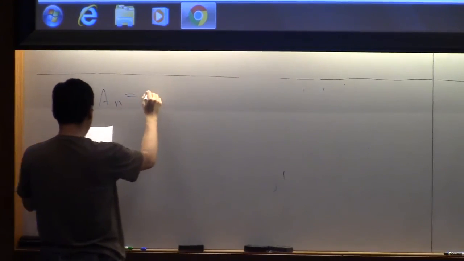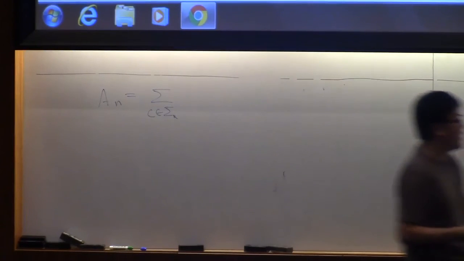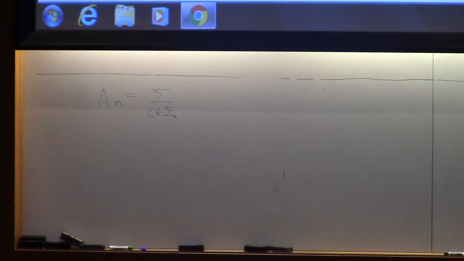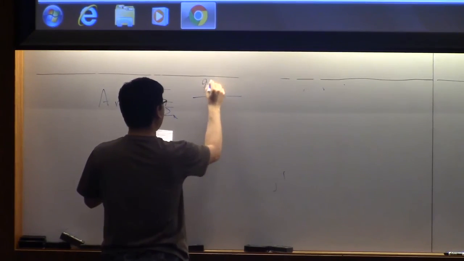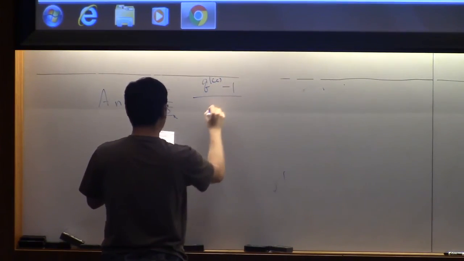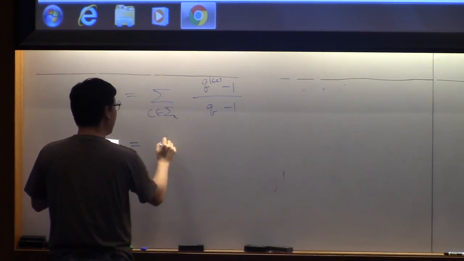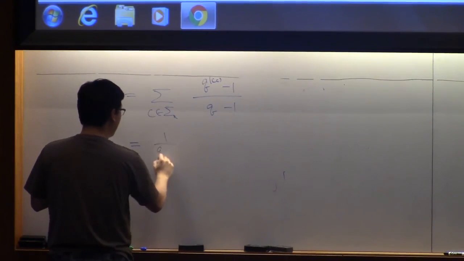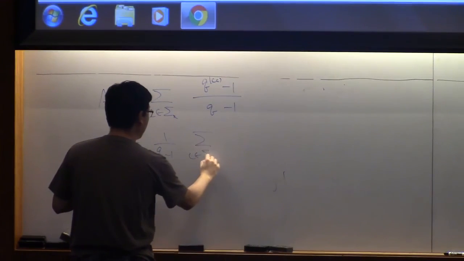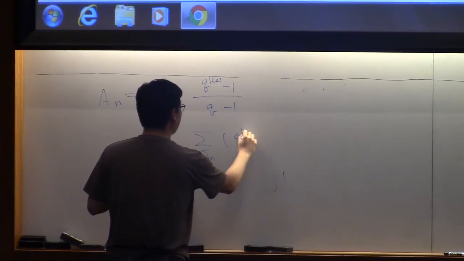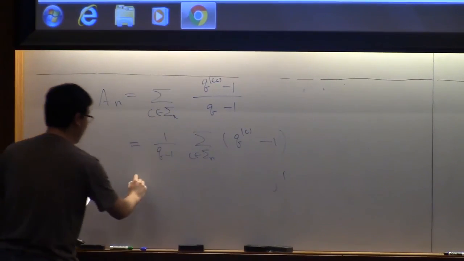We have that A_n is equal to the sum over all C in this set of representatives of (q to the l(C) minus 1) over (q minus 1). If you want to simplify, 1 over q minus 1 is a constant. And then you take this sum.